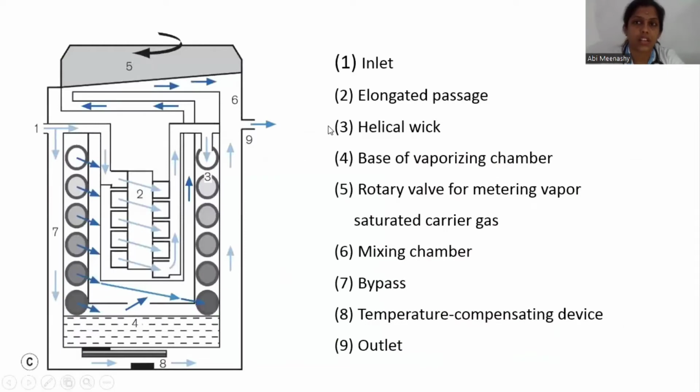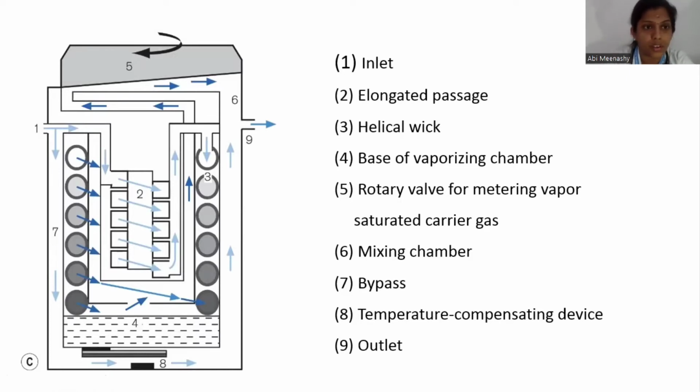Okay, this is a cut surface of this vaporizer. Here you can see how the fresh gas flow enters and leaves. Your fresh gas flow enters like this. So this fully is your bypass chamber. It doesn't come in contact with your vaporizing agent, your anesthetic agent.